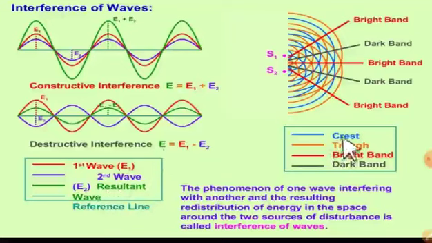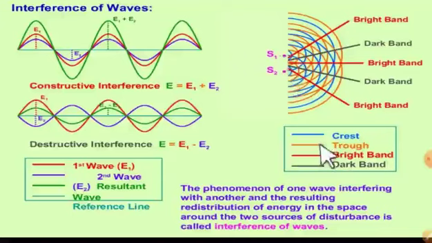Now you will see here those colors with different crests and troughs. This red will be the bright band, and the dark band will be denoted by deep green color. You will see here the light produced by S1 and S2. These are the two coherent sources.